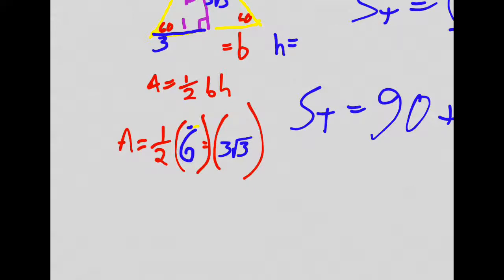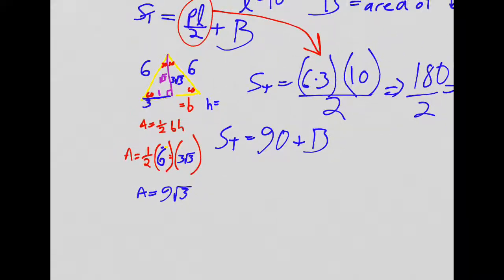It's 3, and then 3 times 3 is 9. So area equals 9 times the square root of 3. So now I have ST equals 90 plus 9 square root 3. And we're talking about inches squared.